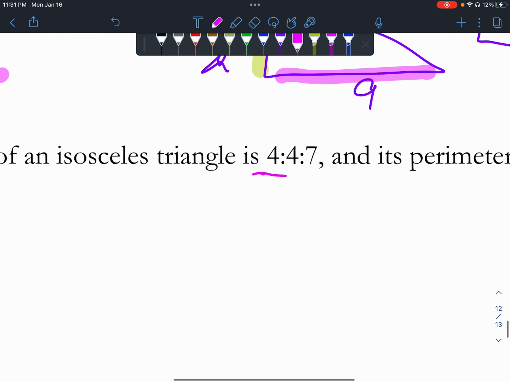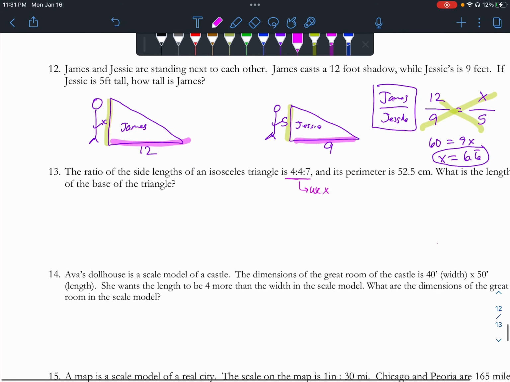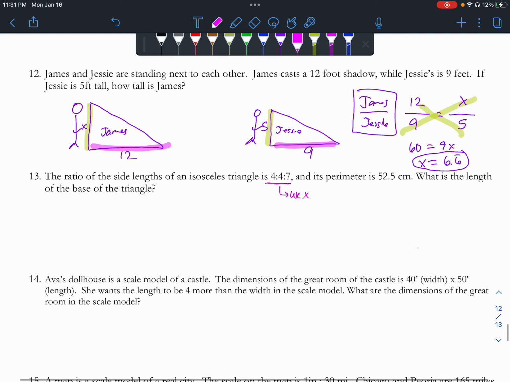Anytime you guys see something like this, remember that we have to introduce x's. Handwriting will get a little worse here, guys. I'm sorry. But in this one, they've got a ratio of isosceles triangles. And again, they're telling us what the perimeter of some of these things are. So if the ratio of the sides of the perimeters is 4 to 4 to 7, an isosceles triangle, we have two sides that are the same.